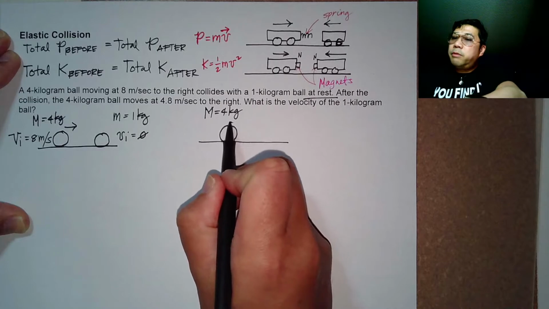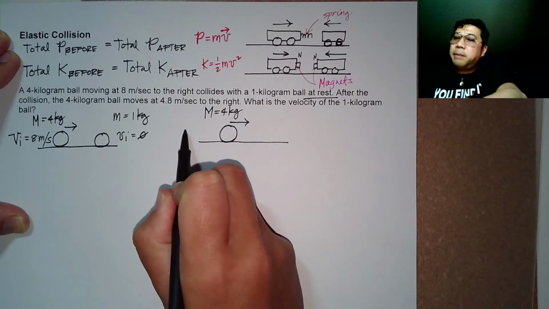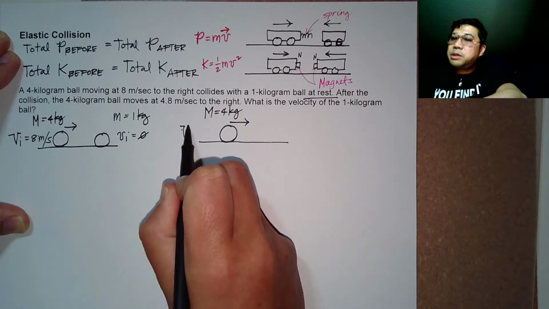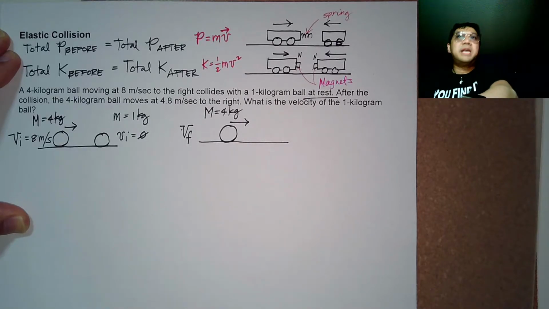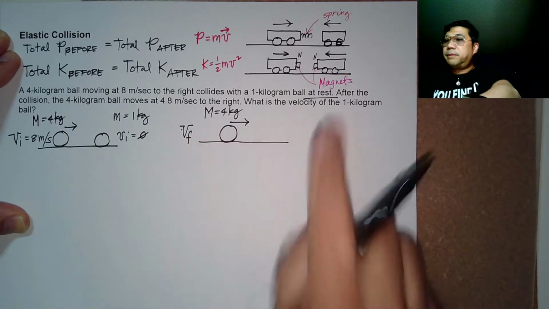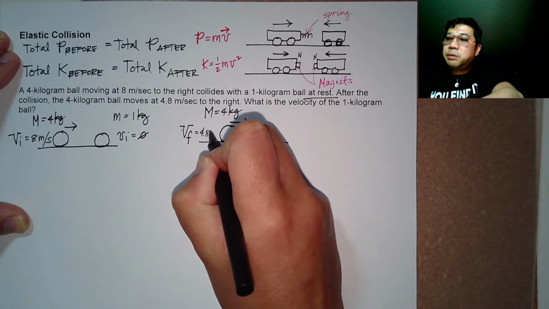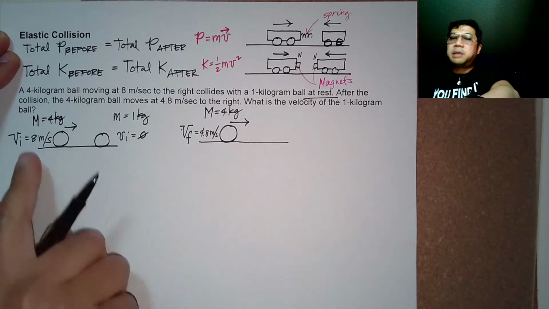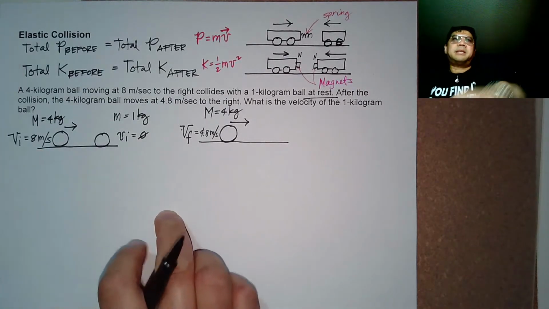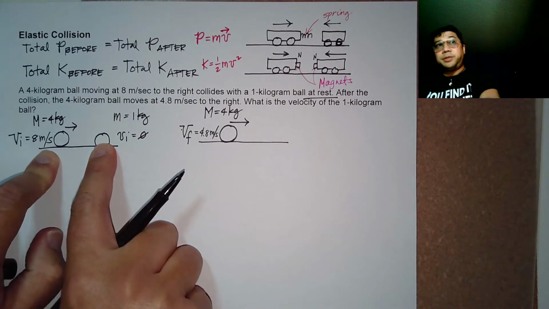It is still moving to the right, but this time the final velocity, represented by uppercase V with a subscript F, is 4.8 meters per second. So there was a reduction, it slows down. Yes, it slows down because it hit another object that is not moving.